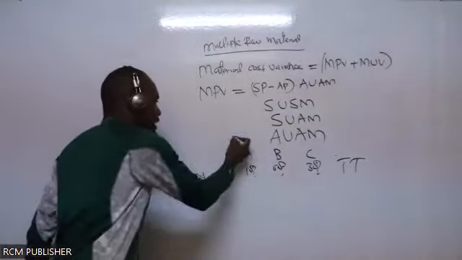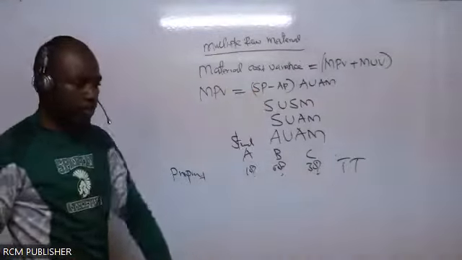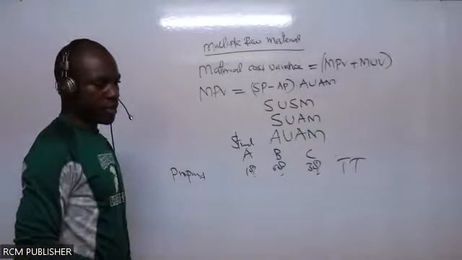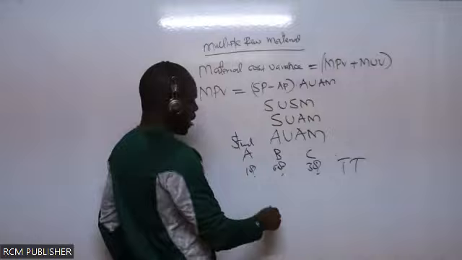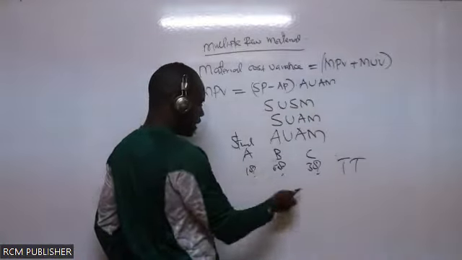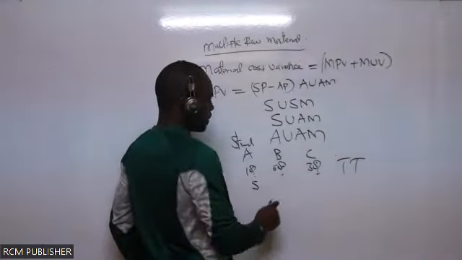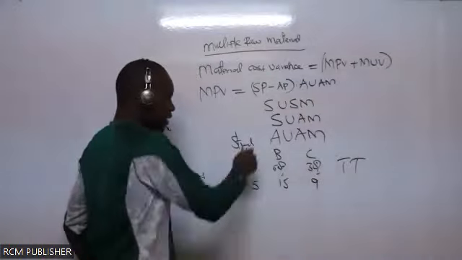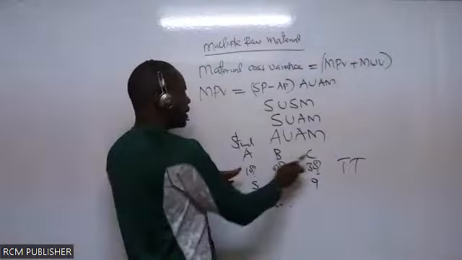This is now the standard we are setting. So let's say this is what we have. The 10% represents, let's say, 5. This one here represents 15. This one represents 9. That's as per the standard. For the actual, these percentages will not apply.